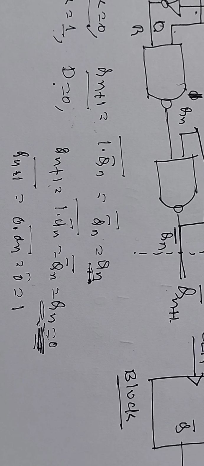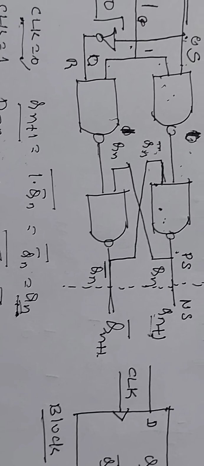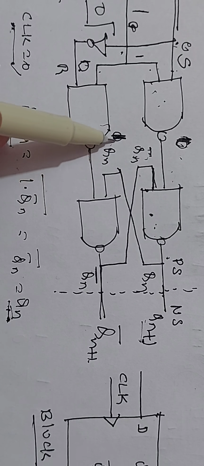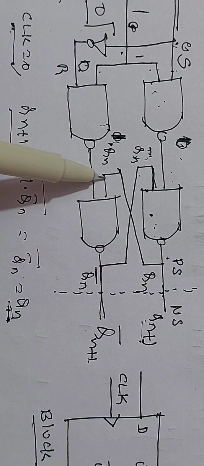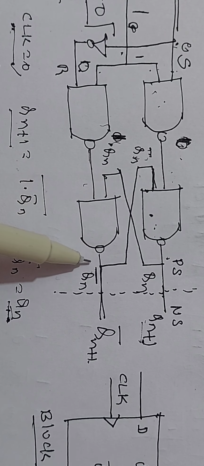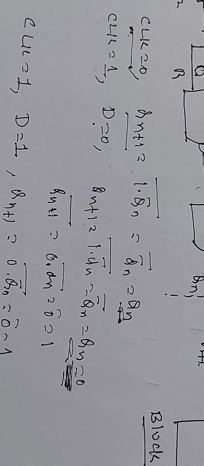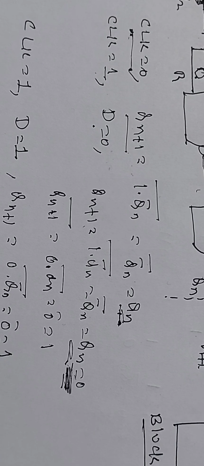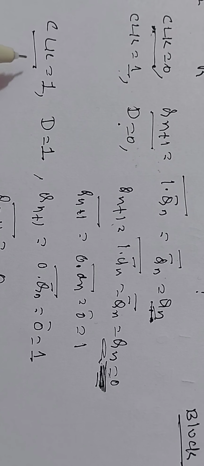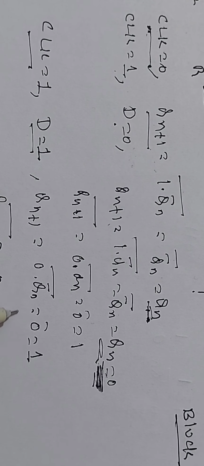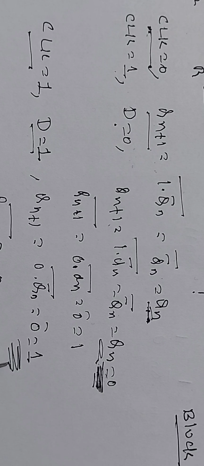Qn plus 1 bar is given by, this is 1 and the output is 1. 1 into 1, 1, complementary is 0. Therefore, Qn plus 1 bar becomes 0. That is, when clock pulse is 1, D equals 1, output is also 1.